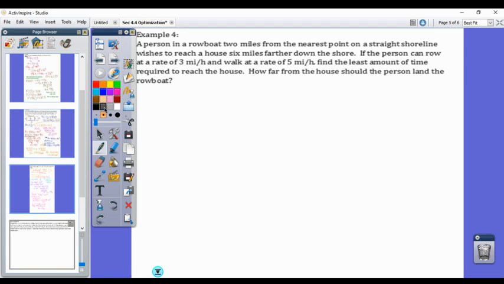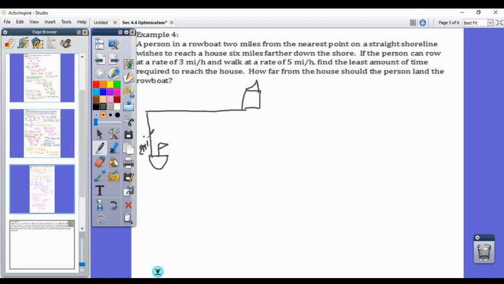So we had a house, right? And the house is on a straight shoreline. The person is in a rowboat, and they are 2 miles from shore. So here's 2 miles.